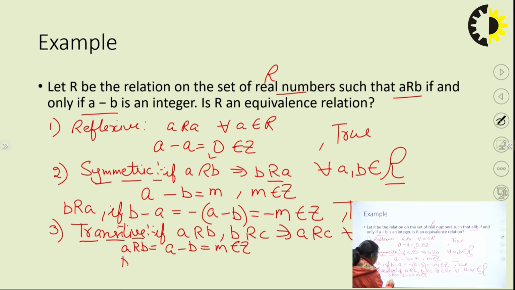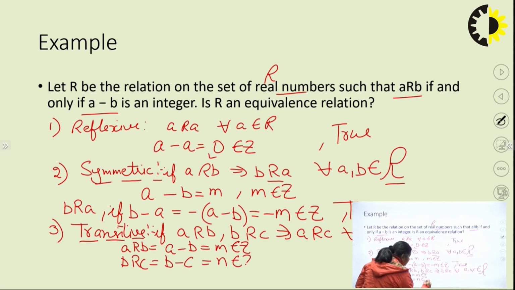Same way, B is related to C. What does it mean? It means B minus C is also an integer. So if I add up the two statements, what are my two statements?